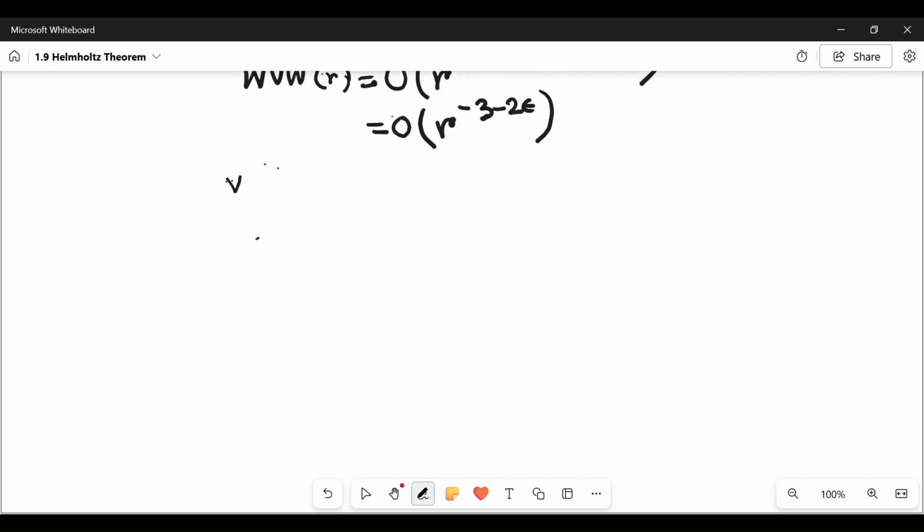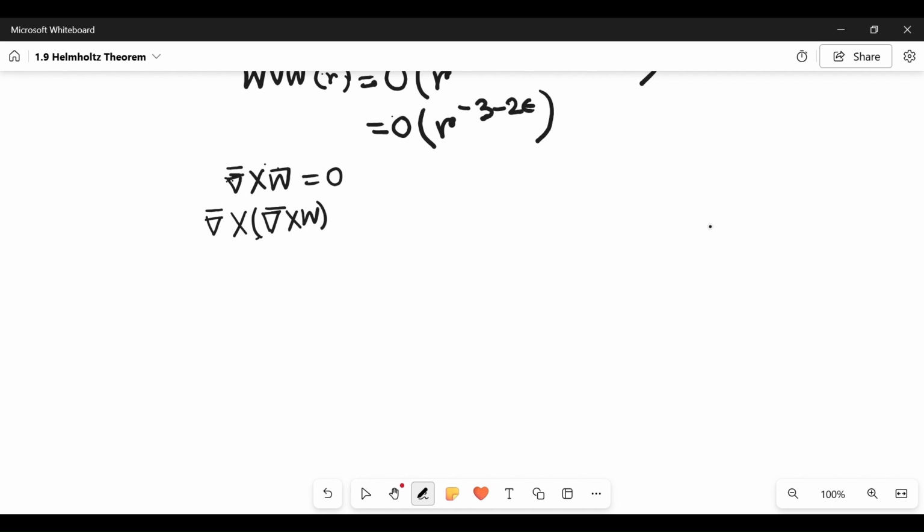So as we have seen that curl of W is equal to 0, so curl of curl of W must be 0. So gradient of divergence of W minus Laplacian of W is equal to 0.